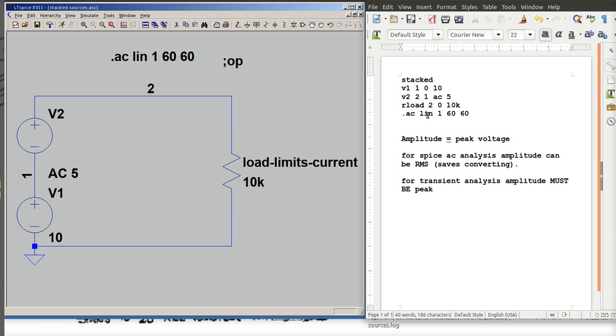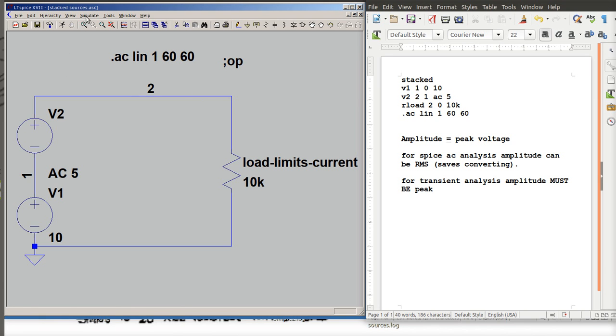So lin for linear, space 1 for 1 point, space 60 is my first frequency, space 60 is my second frequency. Graphically, it nulls out the .op. It's still there if I want it. And the analysis that Spice does is the one with the dot in front of it instead of the semicolon. You can probably do that in your netlist too.